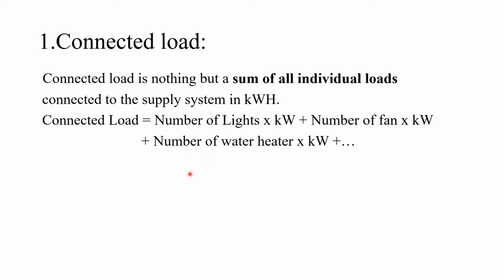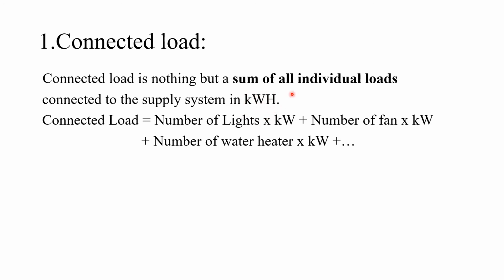Now let us discuss the economical parameters. The first parameter is connected load. It is nothing but the sum of all individual loads connected to the supply system, in kilowatts. This is very important.